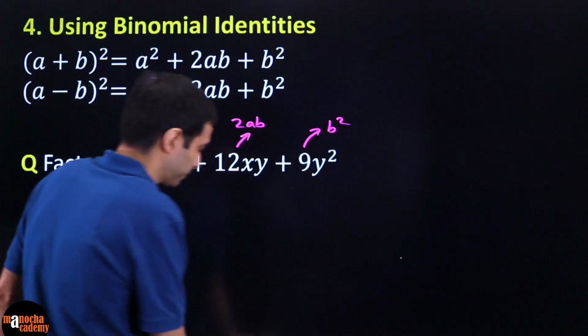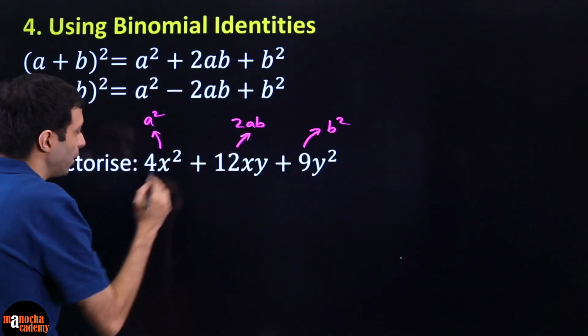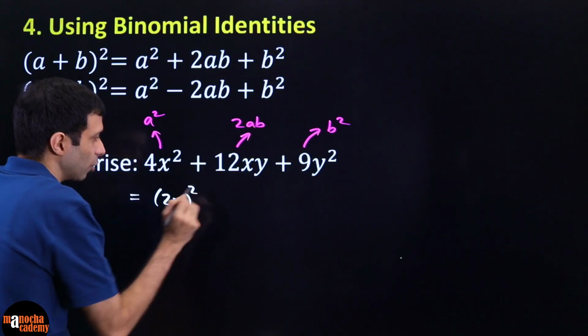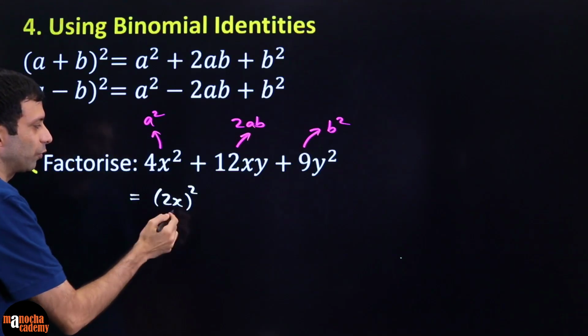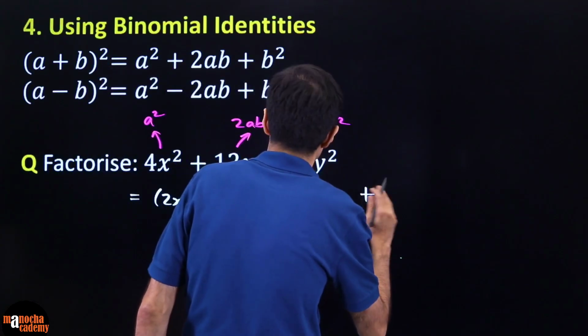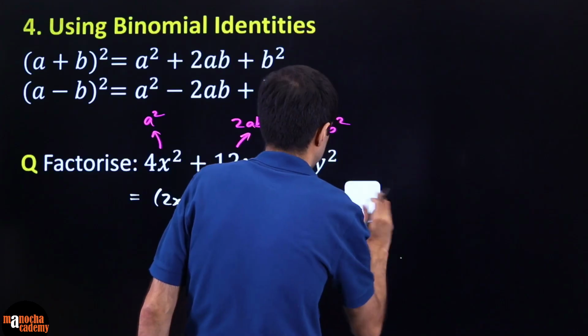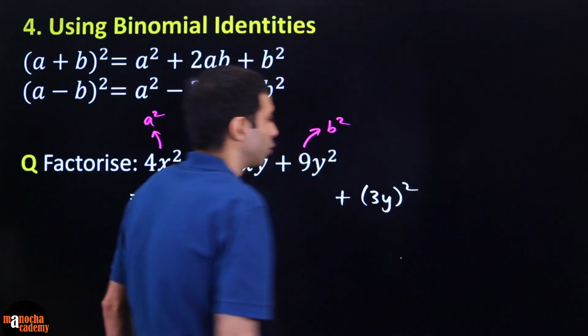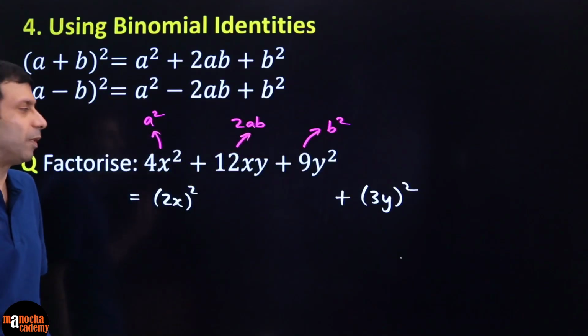So let's do here. 4x square is nothing but 2x whole square. 2 times 2 is 4, x square. 9y square is nothing but 3y whole square. Now follow me very carefully.